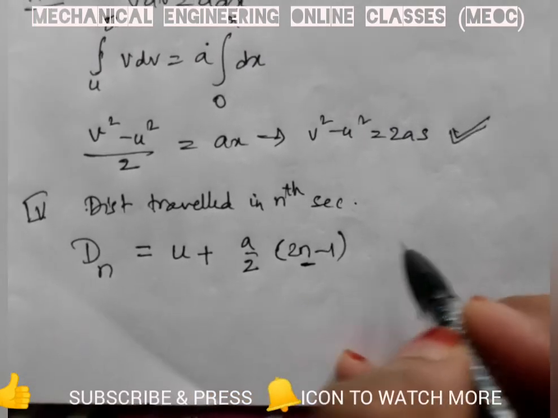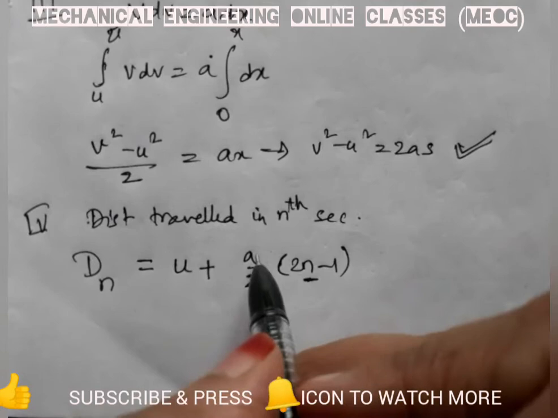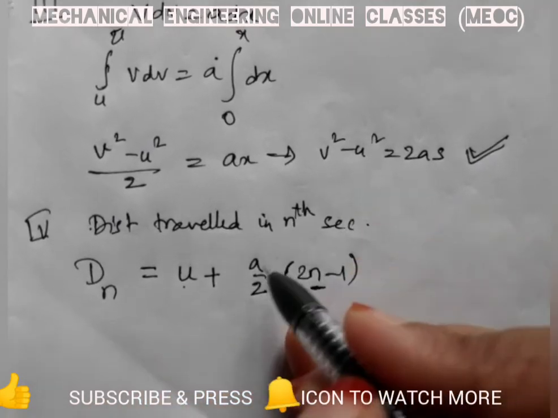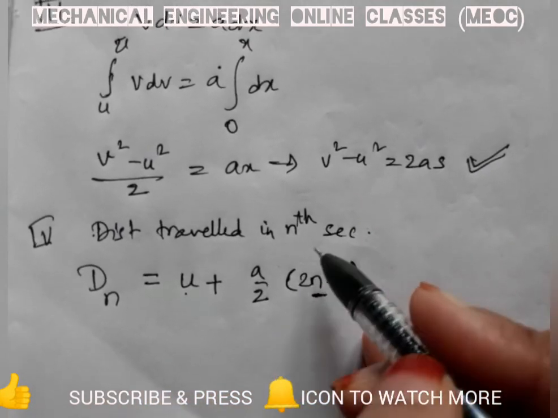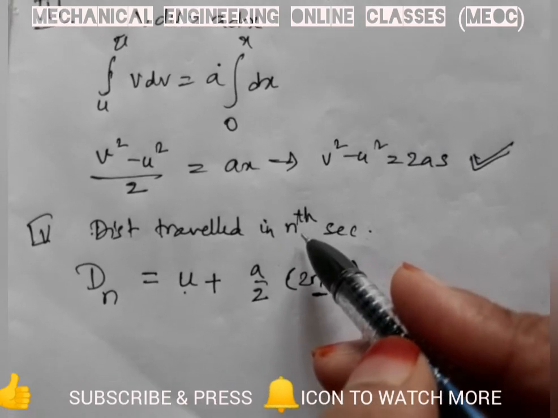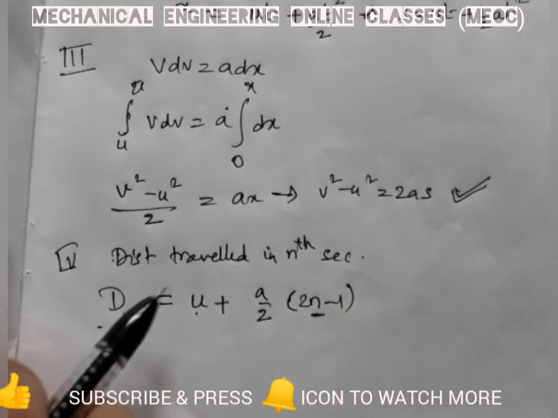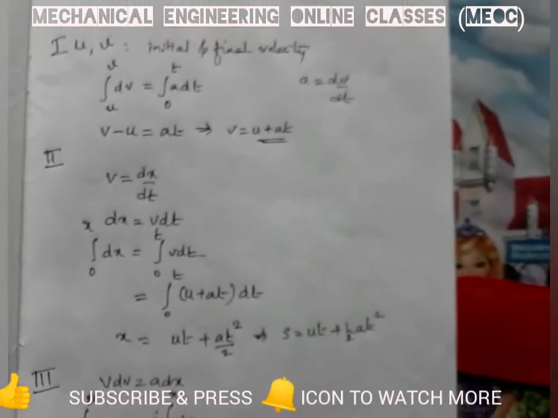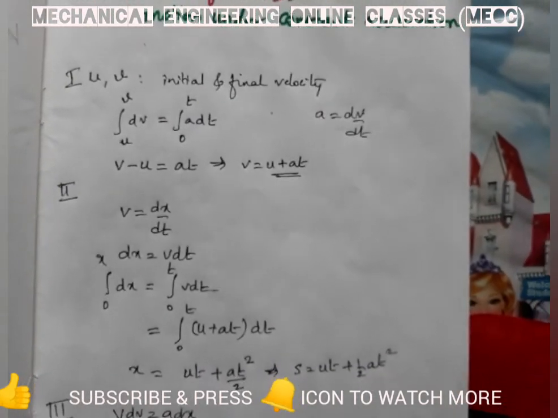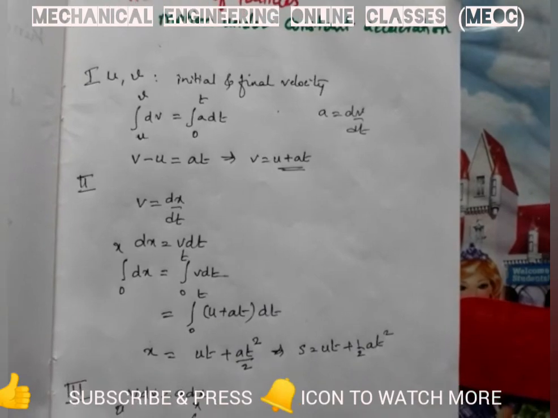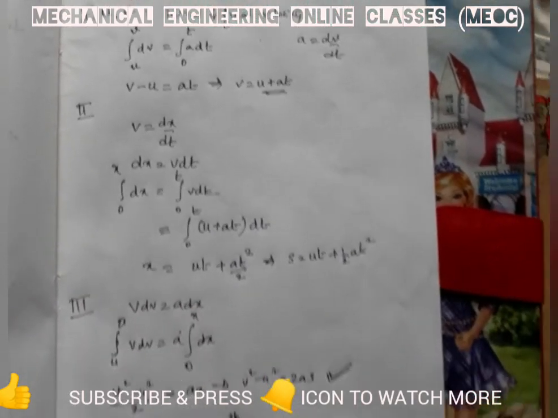So this is the relationship. u is the initial velocity, a is acceleration, n is the second in which we are finding the distance, and dn is the distance travelled in nth second. So these four relationships are for kinematics of motion under constant acceleration.